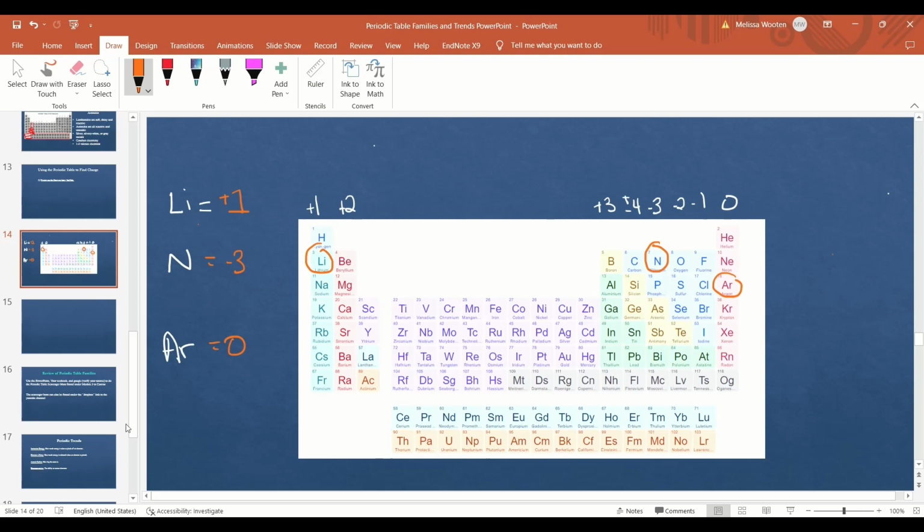So let's think about what might happen, though, how we might find the charge of these transition metals. Right? And so if I gave you a compound like, oh, let me erase those out, these marks too.